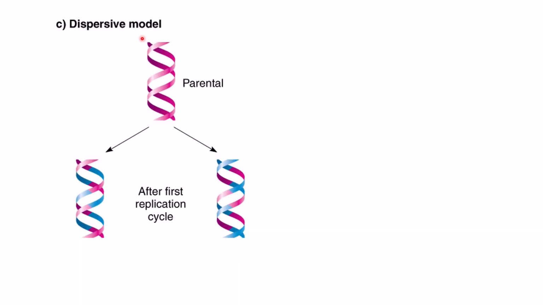If at all DNA replication is dispersive, then the parental duplex here, like we have discussed just now, would be giving you a single band coinciding with the N15 DNA. But after one cycle of replication, after 20 minutes, both the daughter duplexes are made up of bits and pieces of old and new DNA, that is heavy DNA and light DNA.